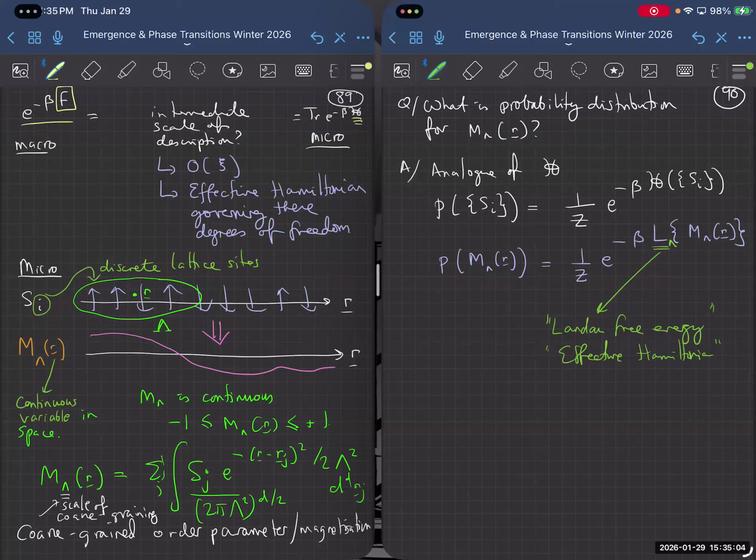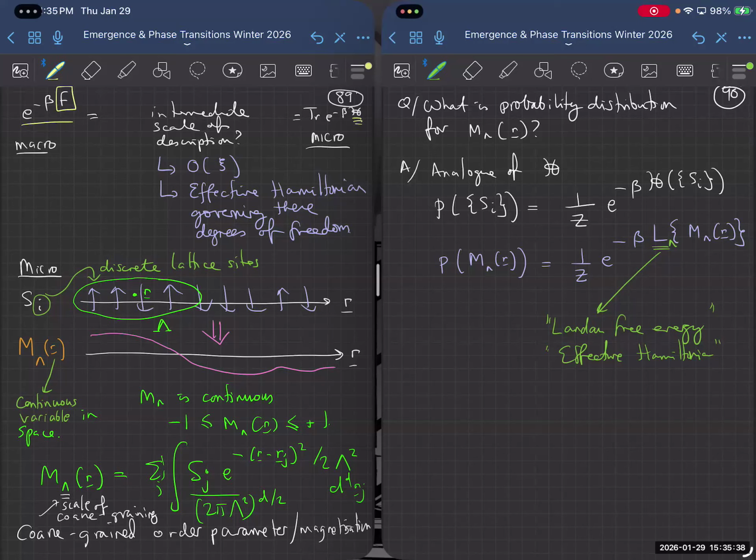I'm summing over all the spin variables, choosing the point r and then seeing which spin variables are within a distance lambda, weighting them by a Gaussian factor, and adding those things up. Conceptually. Can I move on, and I'll discuss it with you afterwards if you don't understand the formula.